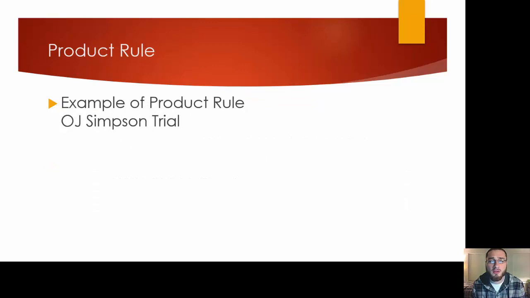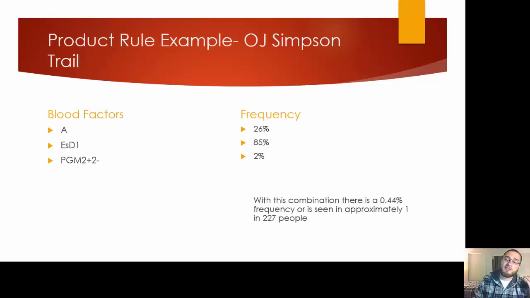So an example of the product rule is the O.J. Simpson trial. During the O.J. Simpson trial, DNA wasn't what it is today. Right now, we know a lot more about it and we use it a lot more in court cases. But back then, they weren't too sure about the chances of someone else having that DNA. And that's what the defense, Johnny Cochran and all of them, were able to argue: hey, you can't tell us beyond a reasonable doubt that it isn't someone else's DNA.